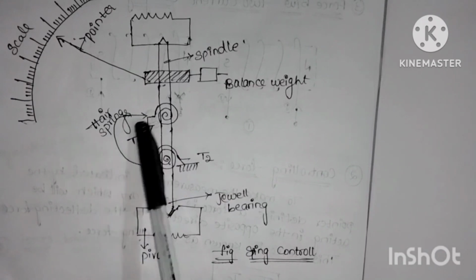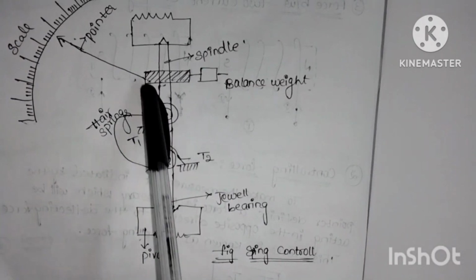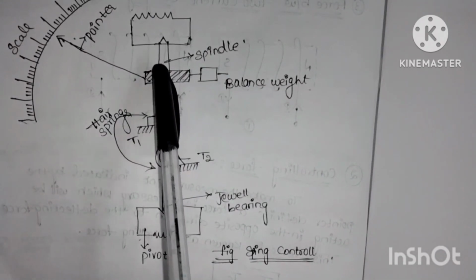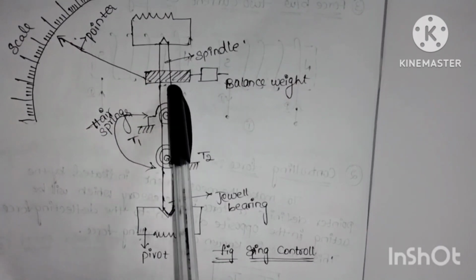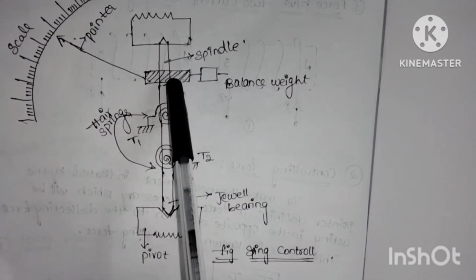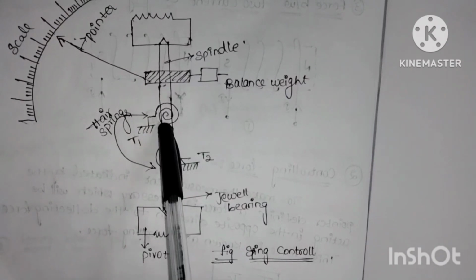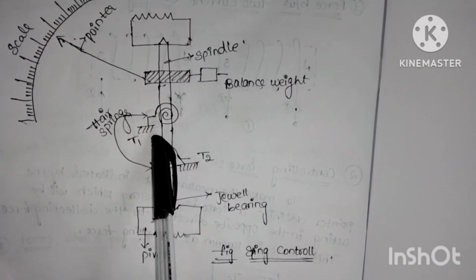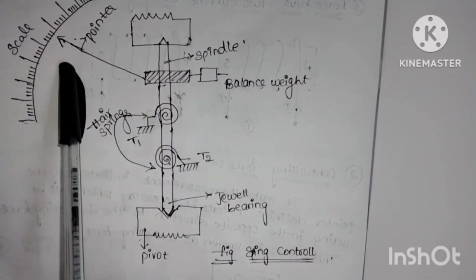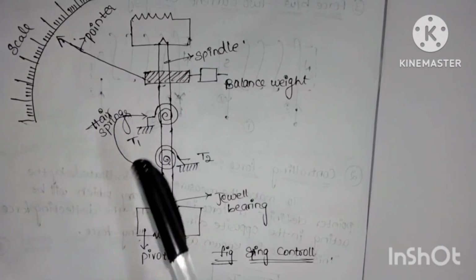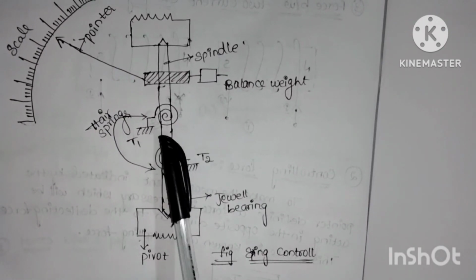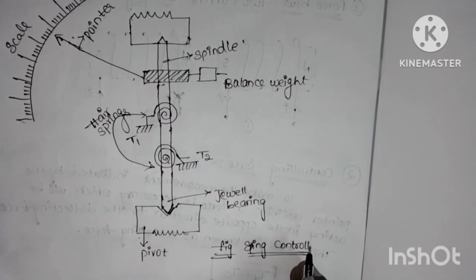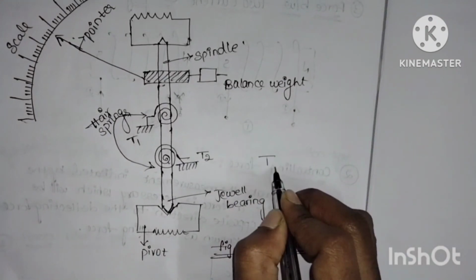Current is supplied to the instrument. Then the pointer will be moved due to the rotation of the spindle. While the spindle is rotating, the spring attached to the spindle will oppose the movement of the pointer. The torque produced by the spring is directly proportional to the pointer deflection.